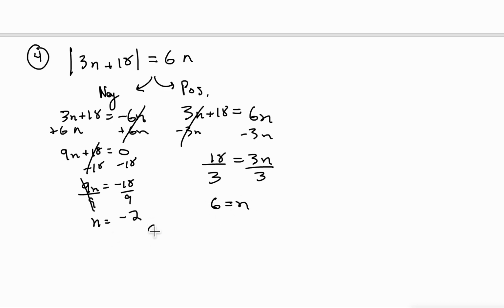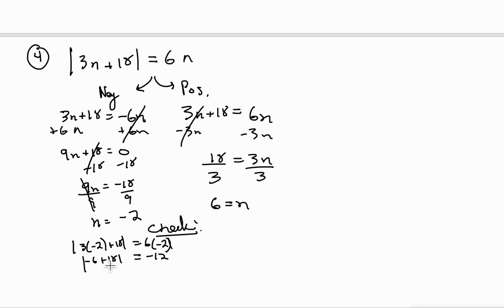Now when I do my check, we can substitute that negative 2 in. So the absolute value of 3 times negative 2 plus 18 should equal 6 times negative 2. So negative 6 plus 18 should equal negative 12.